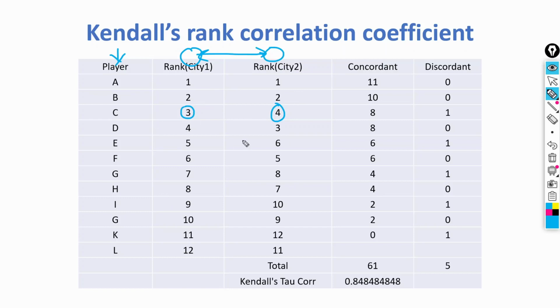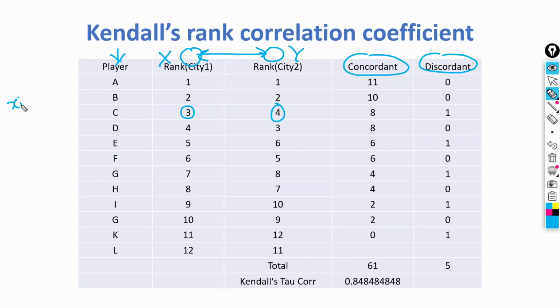Now we have to check whether these two variables or features are correlated or not. For that we have to measure the concordant and discordant pairs. As per the formula, this is your x, this is your y feature.